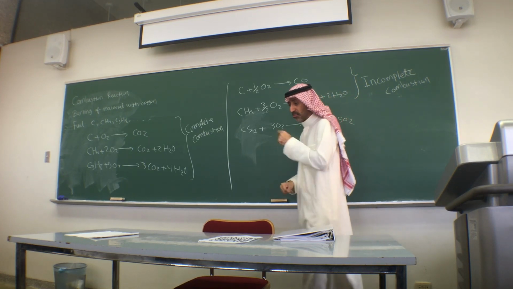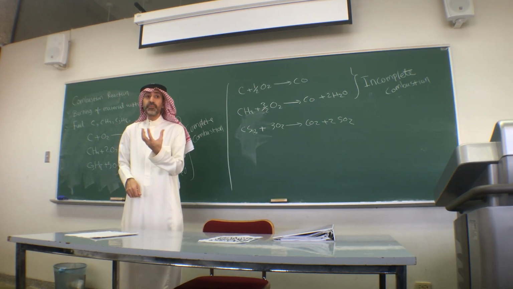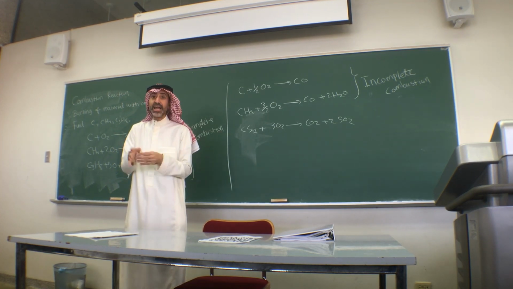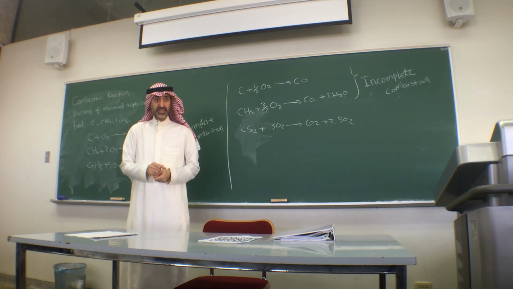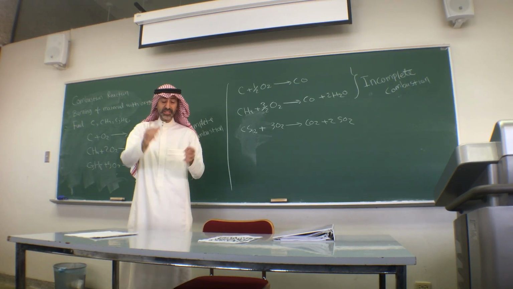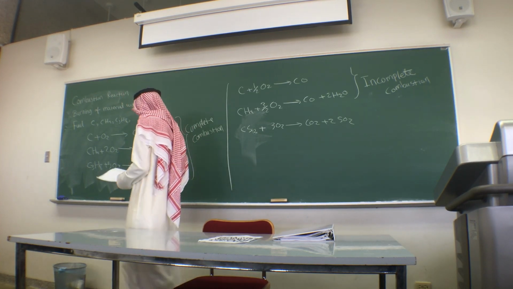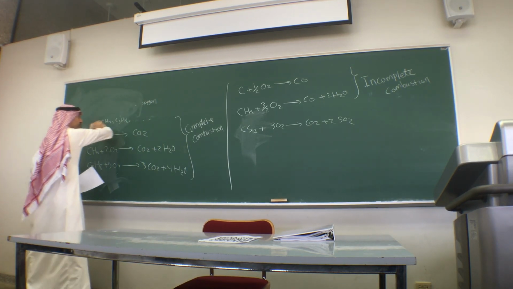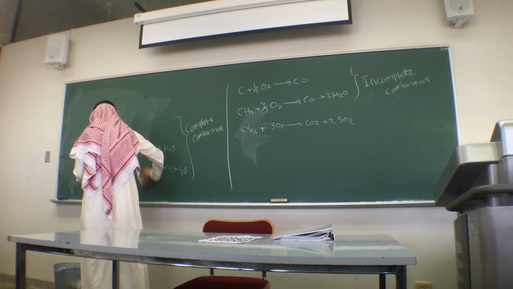That's all. Sometimes you will have a problem where I give you the fraction on a wet basis and ask you to calculate the dry basis, or vice versa. We will see one example now, and the second one is in the book. This is very important, to differentiate between the wet basis and dry basis.